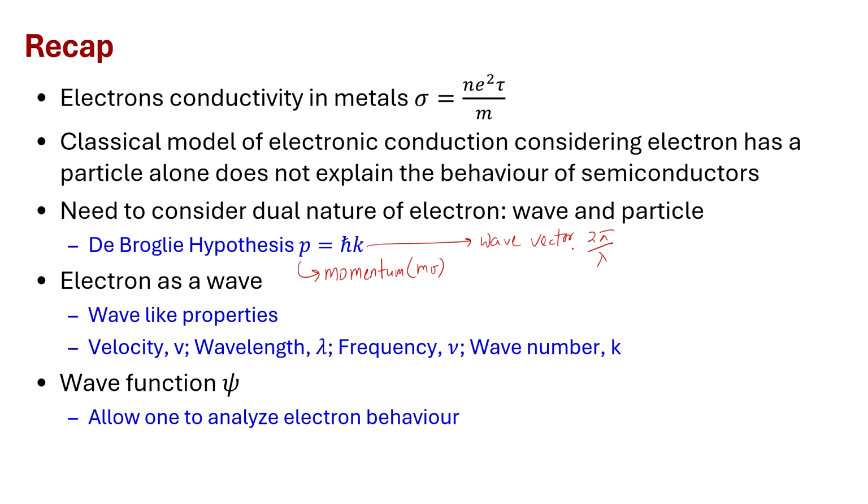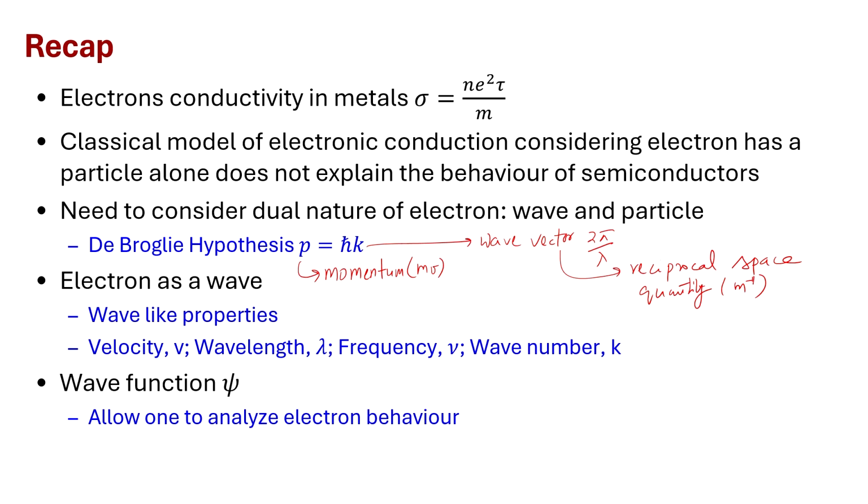So wave vector is also a vectorial quantity, and you can notice that the units of wave vector is inverse of length. As a result, it's a reciprocal quantity with the units being meter inverse.